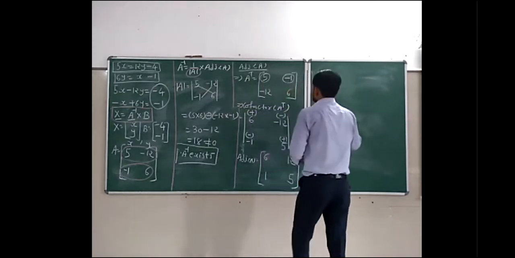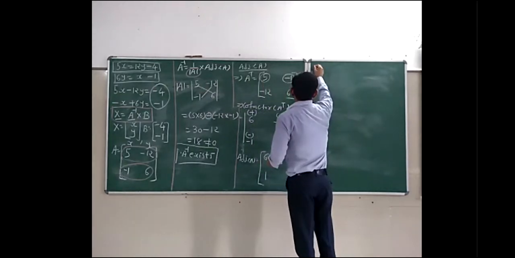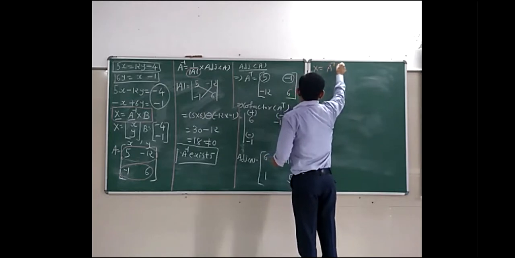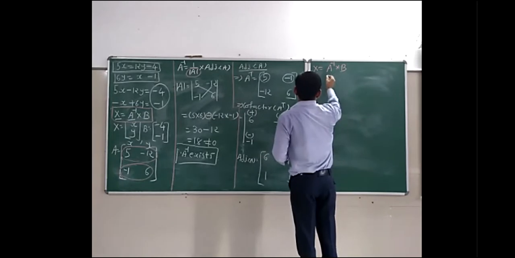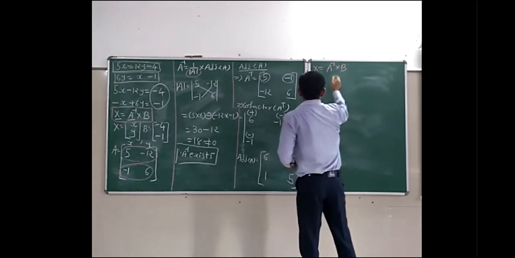So here X is equal to A inverse into B. So that is equal to A inverse.